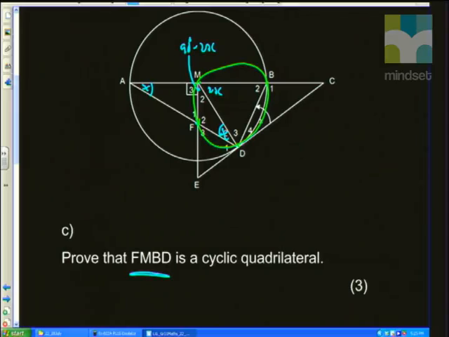let's see. We've got this radius, okay, which is perpendicular to the tangent. So we know that this is 90 degrees, okay? And this here is 90 degrees minus 2X plus 2X. Is that right?